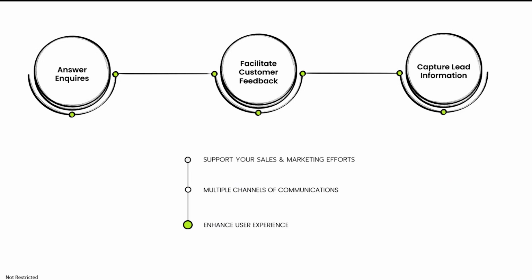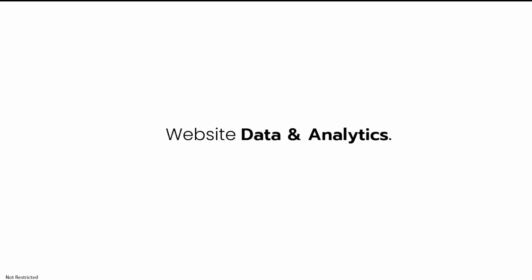So integrate your communication. Now that this traffic is coming through and people are filling out forms and engaging with chatbots or whatever it may be, that's a lot of data coming through. So how do you monitor and keep track of that? This is a very important thing to do, not only for being strategic in the building of your website, but also in the long run, even way after your website has been designed.